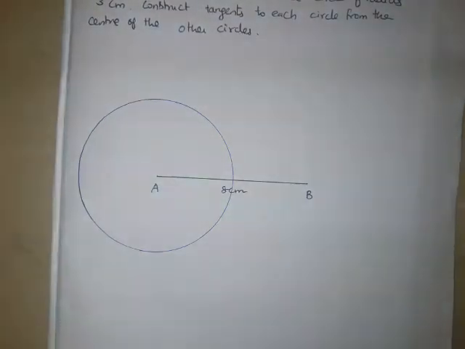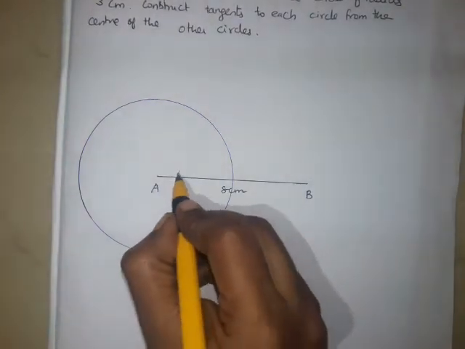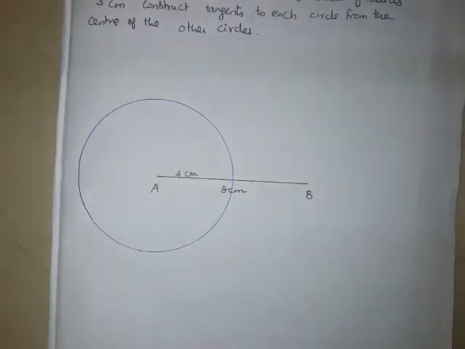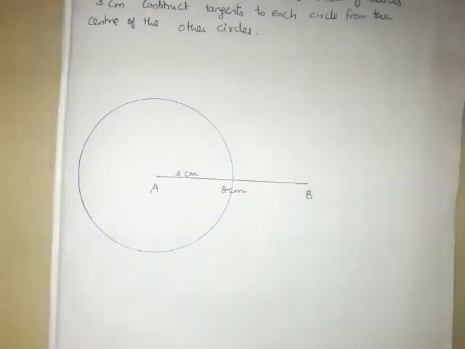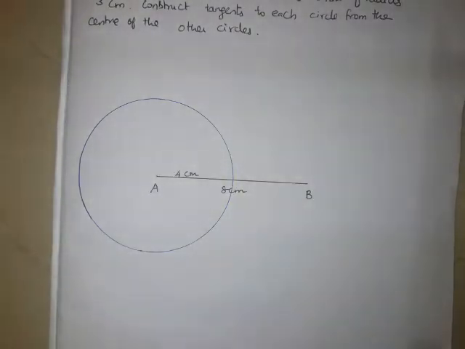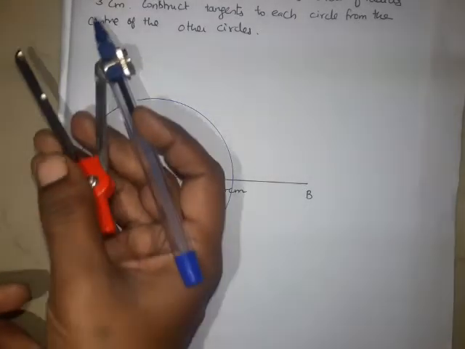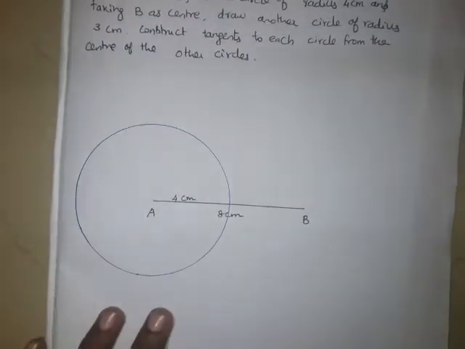This is 4 centimeter circle. Second, B as a center, then radius 3 centimeter circle.